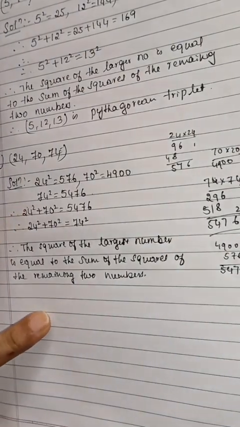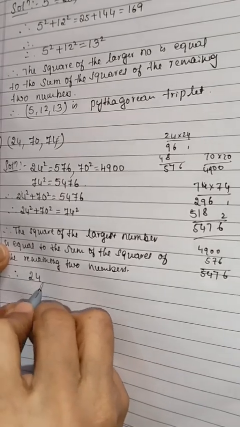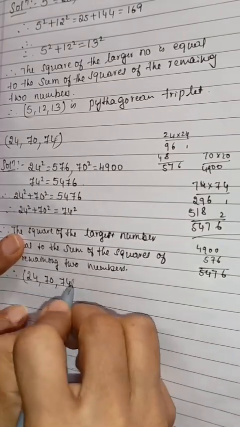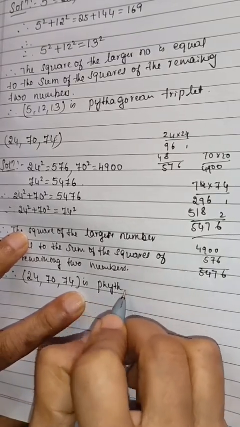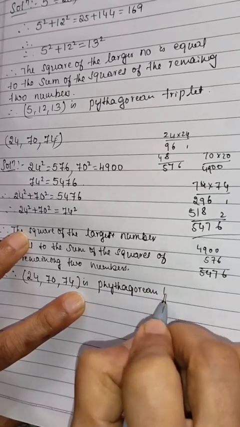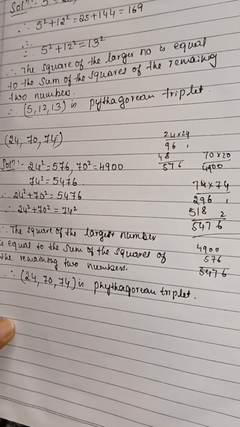Okay, therefore 24, 70 and 74 is a Pythagorean triplet.